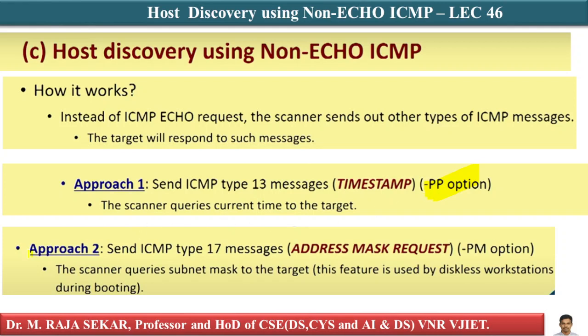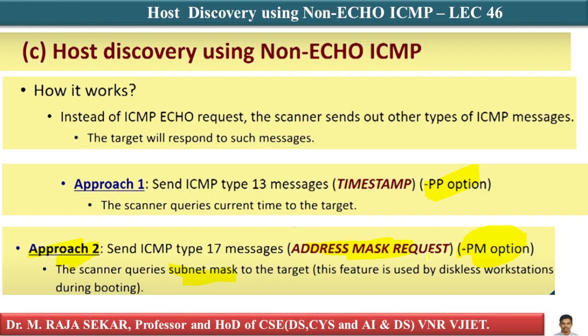This is the second approach. What is the second approach? You are asking for the subnet mask. This is called an address mask request. For nmap, it is the -PM option.